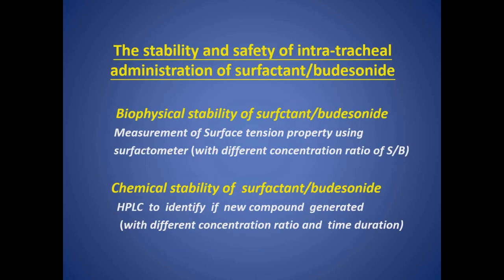The next question is, is it safe to add budesonide to surfactant? Well, you know that both surfactant and budesonide are rather ring-like in chemical structure. So there's a possibility that these molecules might be kinking at the liquid-air interface and therefore might affect the biophysical properties of surfactant.